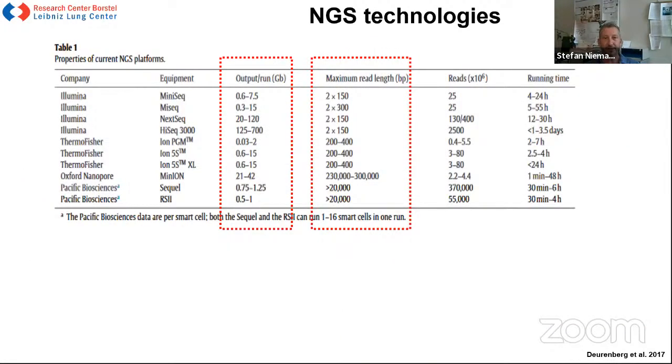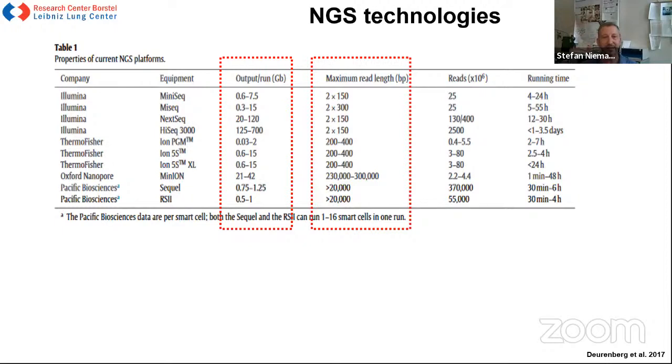The major differences that you need to consider when you start planning your sequencing laboratory are actually shown here. There are two basic things. One is the read length. The read length of the sequence data you get out has implications for the data analysis stream, but also for the questions you can address with those data sets.